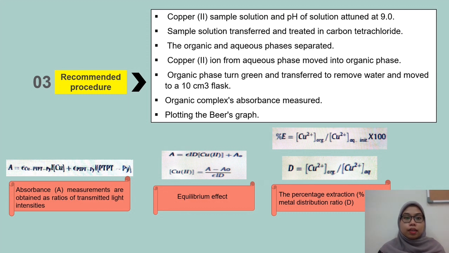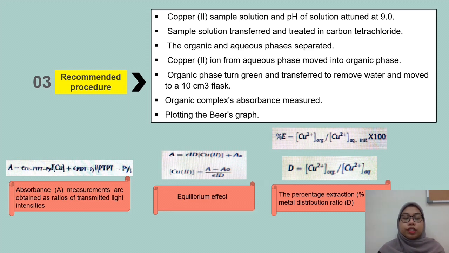In a 25 ml calibrated flask, we took 10 micrograms per milliliter of copper sample solution and the pH of the solution was adjusted to 9.0 by using dilute hydrochloric acid and sodium hydroxide solution.